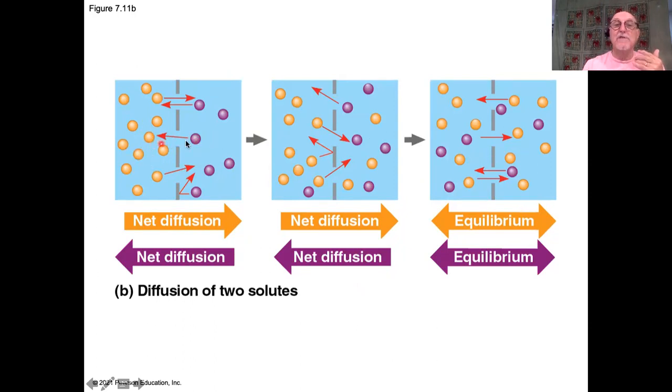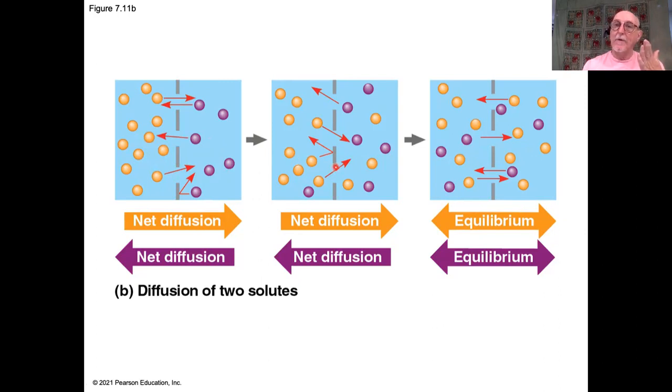This one will diffuse down its concentration gradient. And until they reach an equilibrium, it's called a dynamic equilibrium. The equilibrium is not static. If we knock one in one direction, then one will move in the other direction to maintain the equilibrium. So in this case, we've got two solutes, one on this side, one on this side. They behave entirely independently of one another.